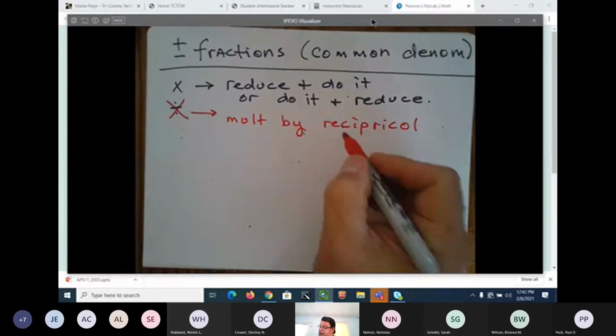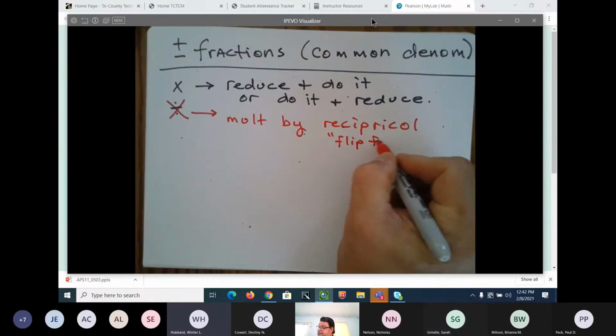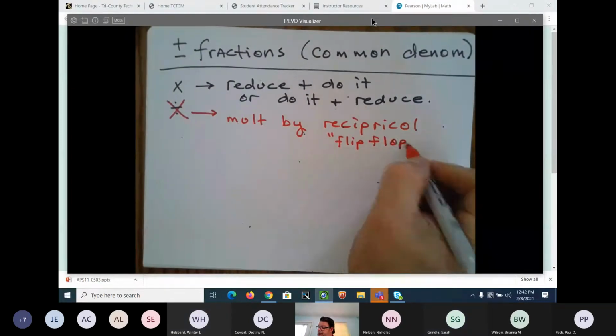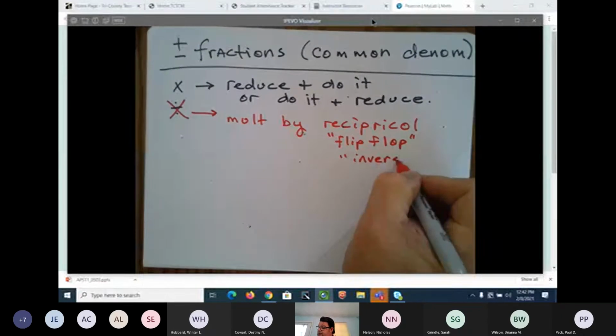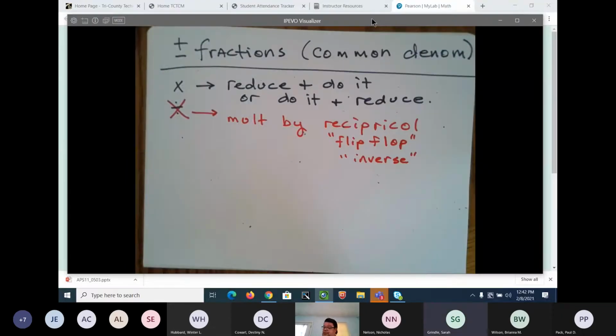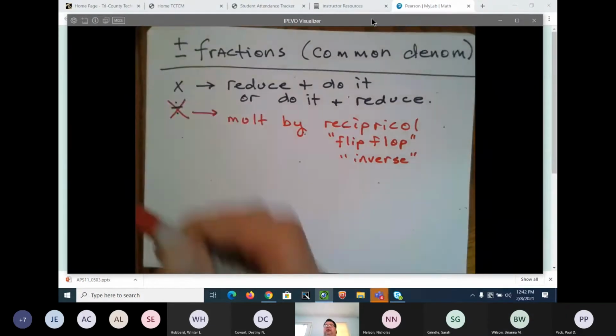That's called the flip-flop. Some people call it the inverse. Flip-flop, inverse. Okay, it has several names. So, if you know how to multiply, then you know how to divide.